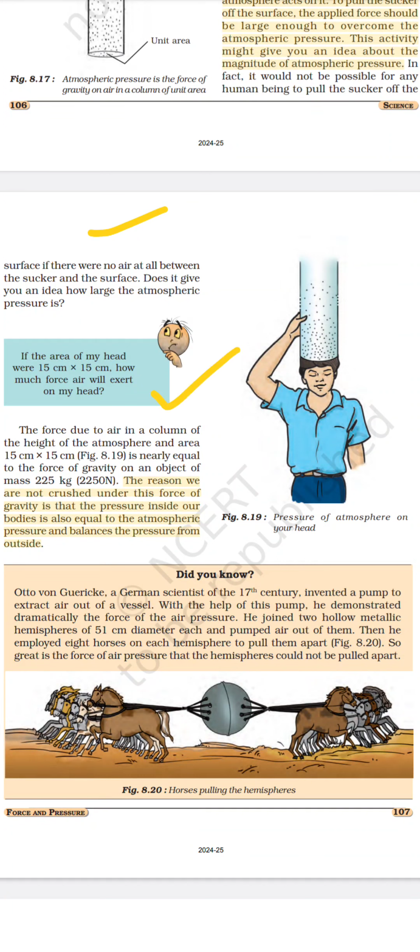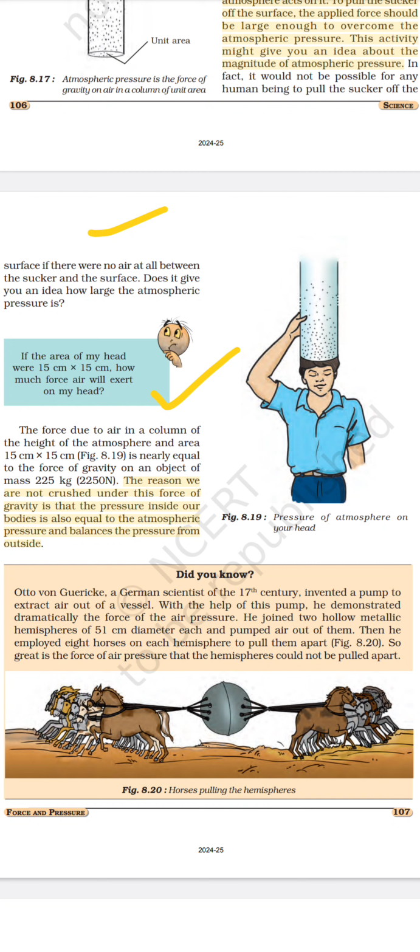If the area of my head were 15 centimeter into 15 centimeter, how much force would air exert on my head? The force due to air in a column of the height of the atmosphere and area 15 centimeter into 15 centimeter is nearly equal to the force of gravity on an object of mass 150 kg, about 1500 Newton.